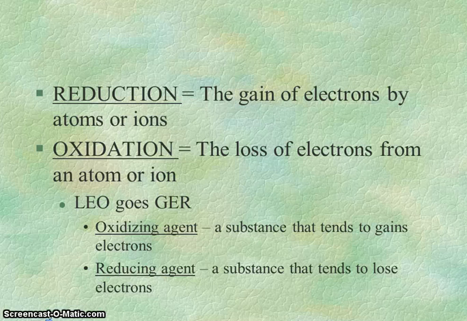The reducing agent is a substance that tends to lose electrons. And again, that makes sense because in order for it to lose electrons, it has to cause something else to gain electrons or to be reduced. So your oxidizing agent is the substance that's reduced, and your reducing agent is the substance that's oxidized.